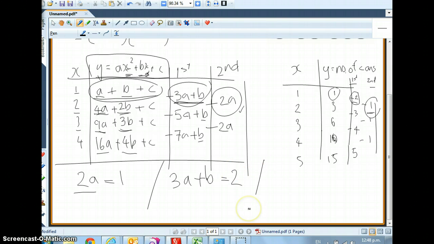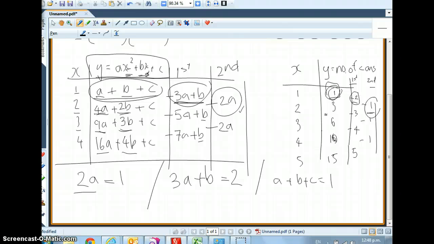And the third thing you have to remember is a plus b plus c must equal my first number in the pattern.